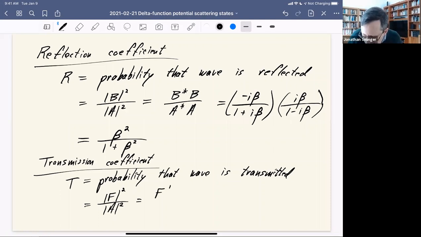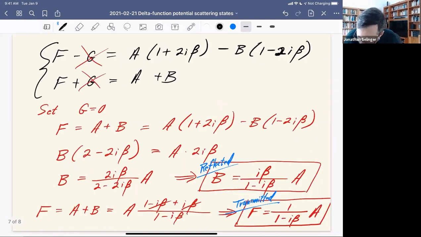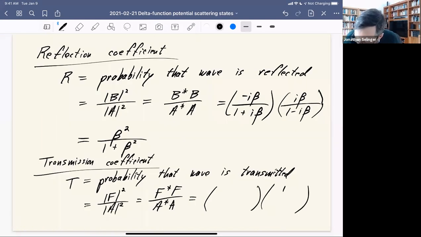So that is F star F over A star A. Let's see, F over A is 1 over 1 minus i beta, and the complex conjugate is 1 over 1 plus i beta. And so this whole thing simplifies to be 1 over 1 plus beta squared.